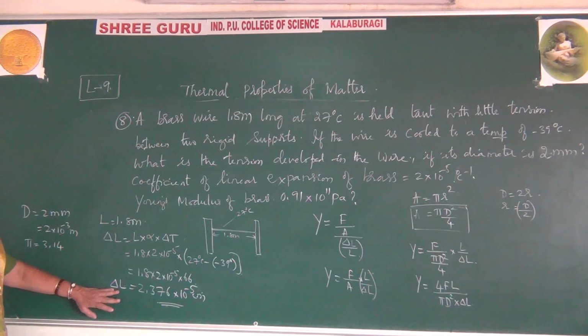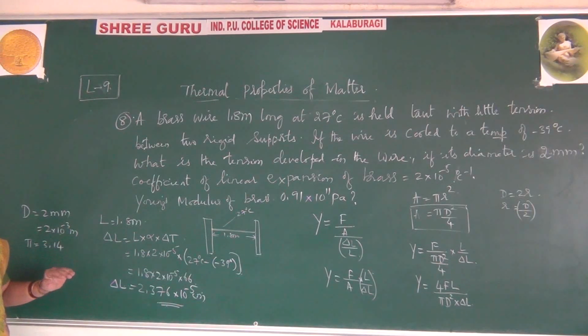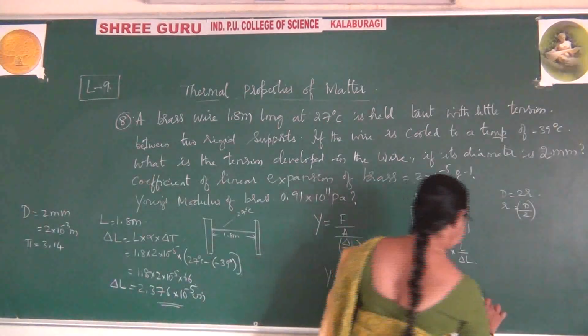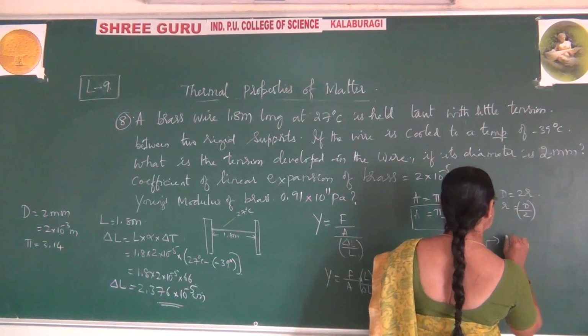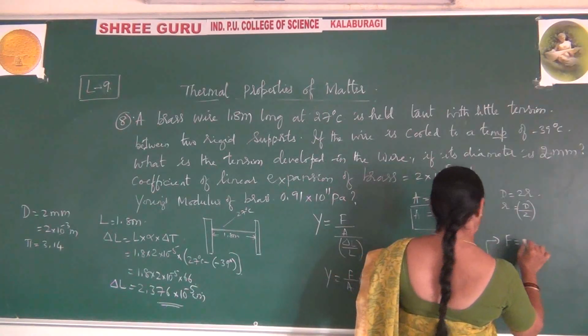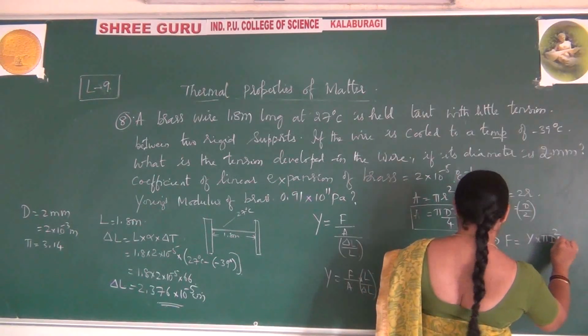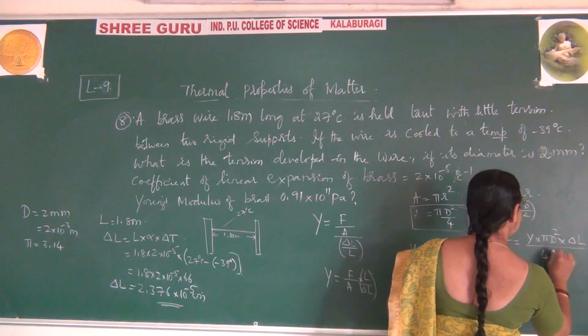Already we know delta L. We know the original length L, that is 1.8. You have to calculate F. So let me first write the formula for F. F is equal to Y into pi d square into delta L divided by 4L.